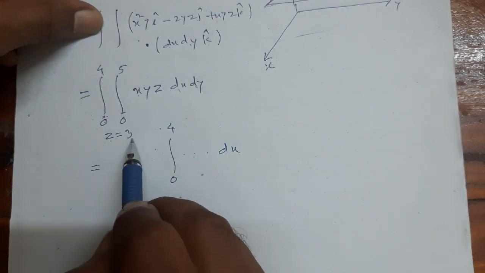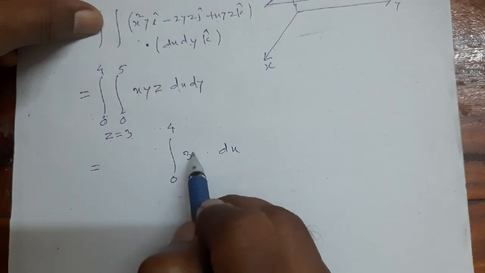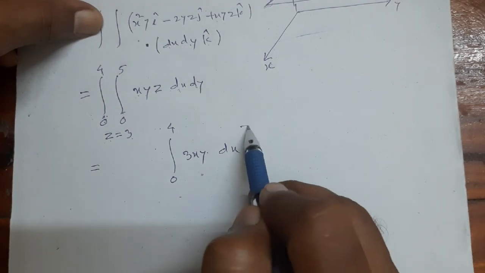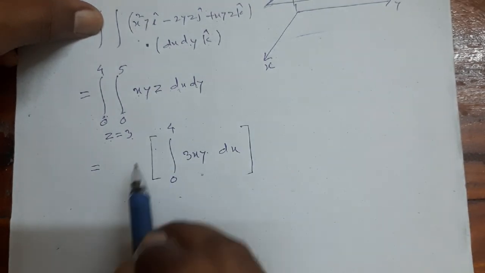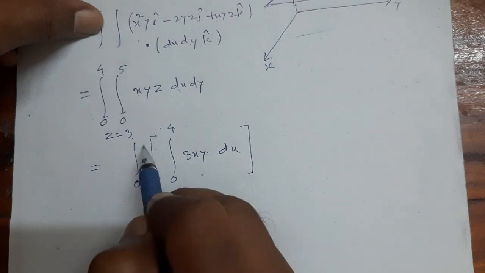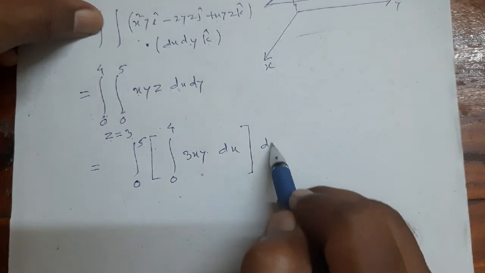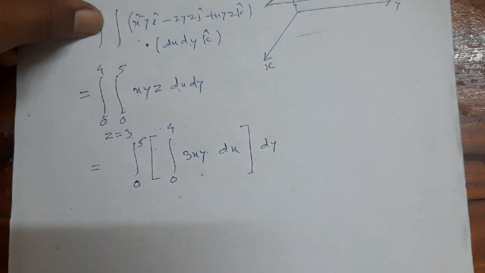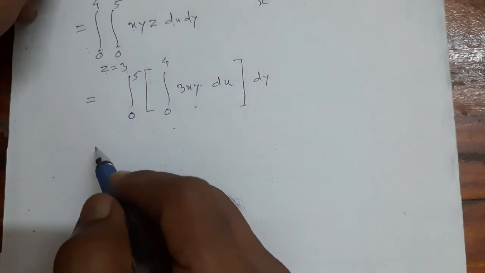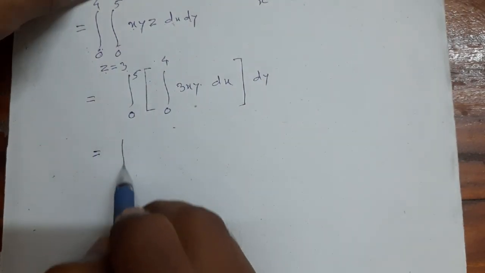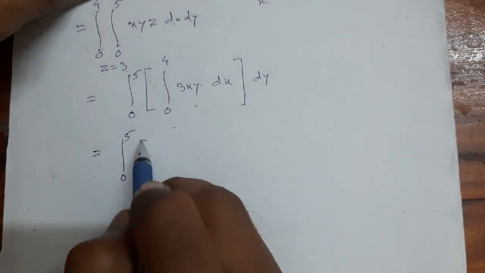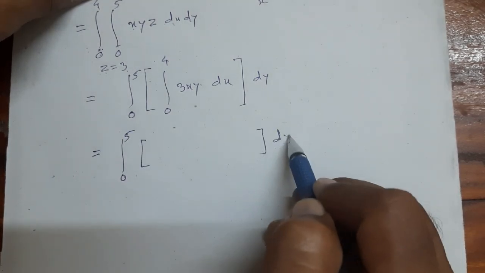But now z is equal to 3 and therefore I will write it is 3xy, and then I will have to integrate over y from 0 to 5, therefore it is integration 0 to 5 over dy, correct? And now it is very simple to solve this, therefore I will keep the integration 0 to 5 dy as it is.